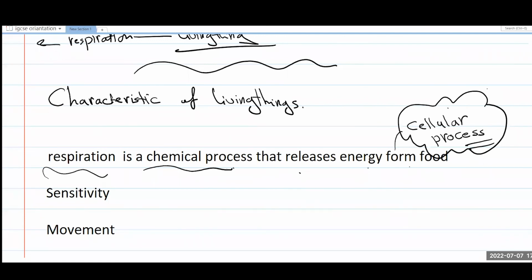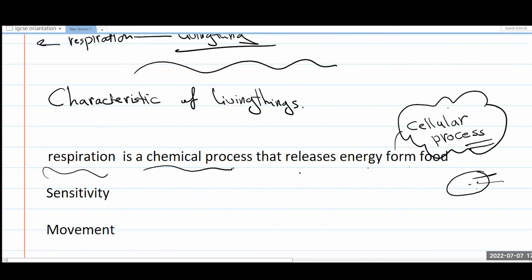Breathing is a process which intakes gas or exhales gases, inhale and exhale. Some other organisms don't have gas exchange at all. Bacteria, unicellular organisms, don't have. So they exchange gases by diffusion, right?